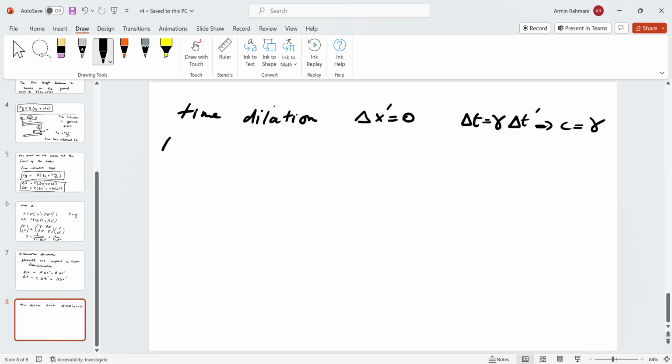Let's now look at length contraction. So again, you can imagine some time difference should be 0, right? When you measure the length of something, you measure the position of its two ends at the same time. So let's say I use, again, delta t prime equal to 0.